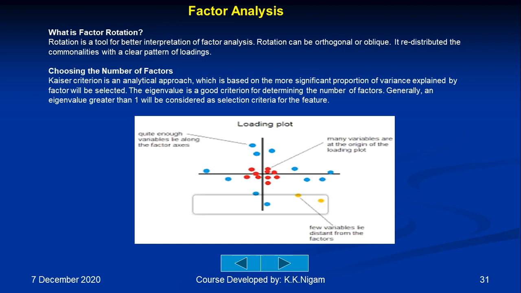Choosing the number of factors. Kaiser criterion is an analytical approach, where the factors explaining the more significant proportion of variance will be selected. The eigenvalue is a good criterion for determining the number of factors. Generally, an eigenvalue greater than 1 will be considered as the selection criterion for the factor.